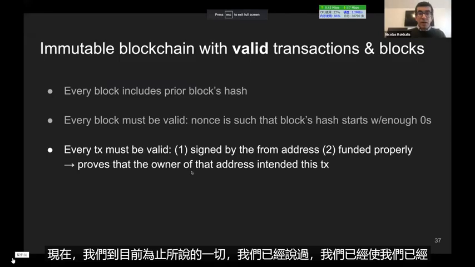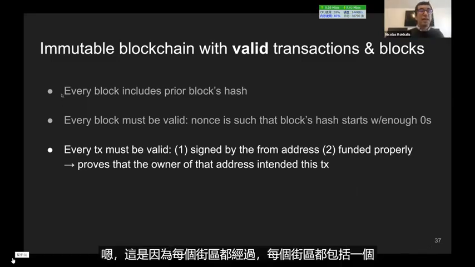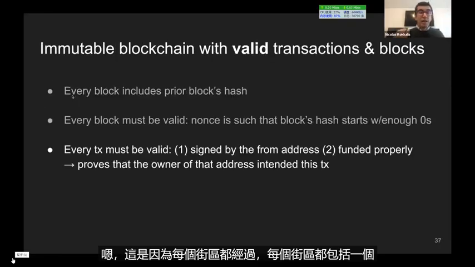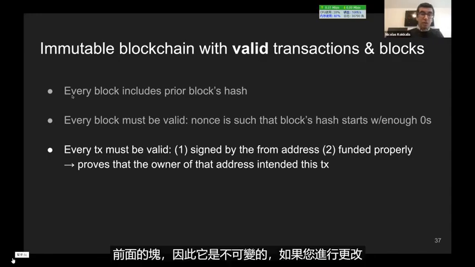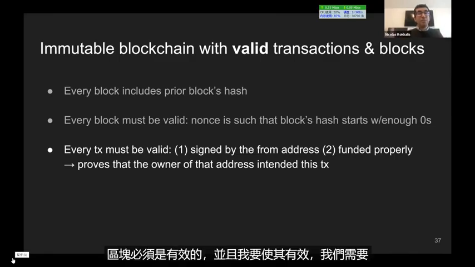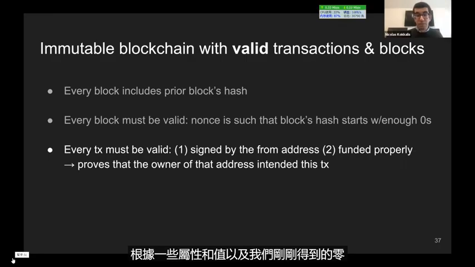Now, what have we said so far? So far, we've shown how Bitcoin becomes an immutable blockchain, and that's because every block includes a hash of the prior block, so it's immutable. If you change anything, then you can tell. Then we've said that every block must be valid. And to make it valid, we need to have a proper nonce such that the block's hash starts with enough zeros according to some properties and values.